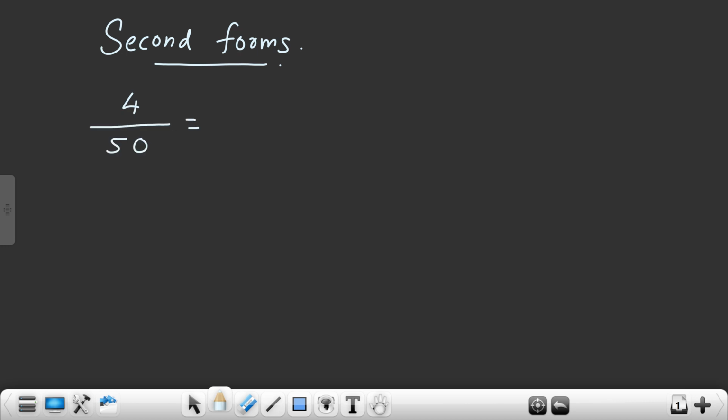Here the denominator is not a power of 10, but we can convert this denominator 50 into a power of 10. We know that 50 into 2 is 100. 100 is a power of 10. So multiply the numerator and the denominator by 2.